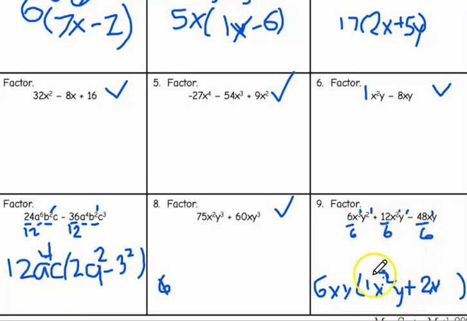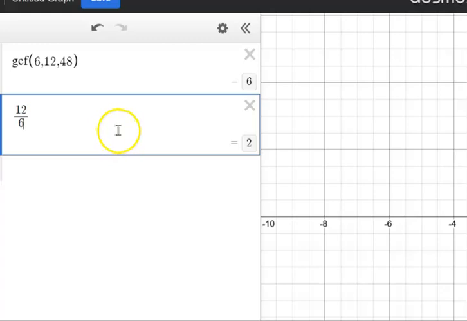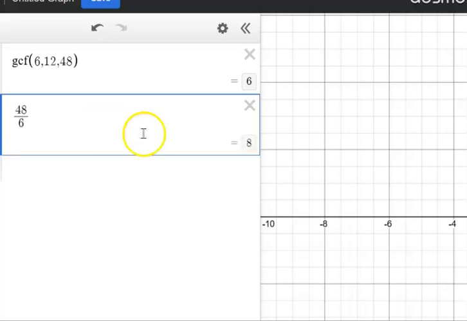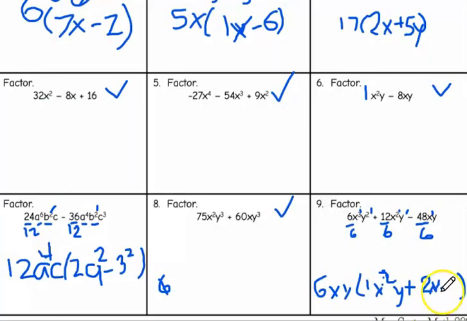We took out the y here, so there's no y's left. And the last one is 48 divided by 6. Answer is 8. And then we took out the x and the y. Okay. Alright, so that should be it.